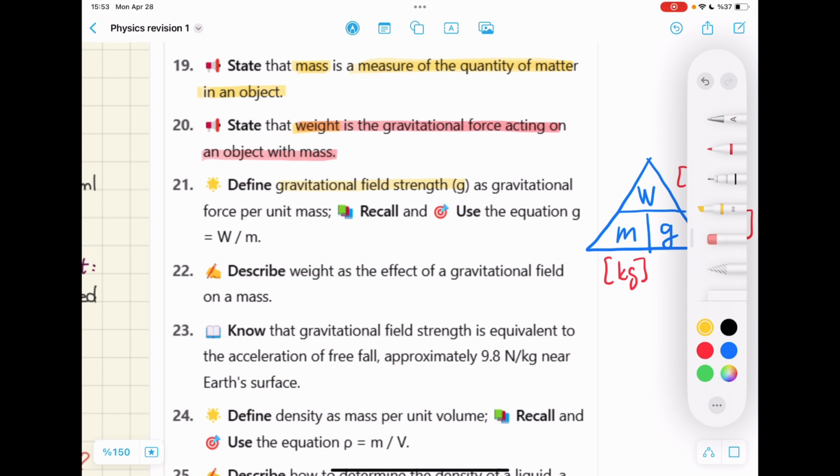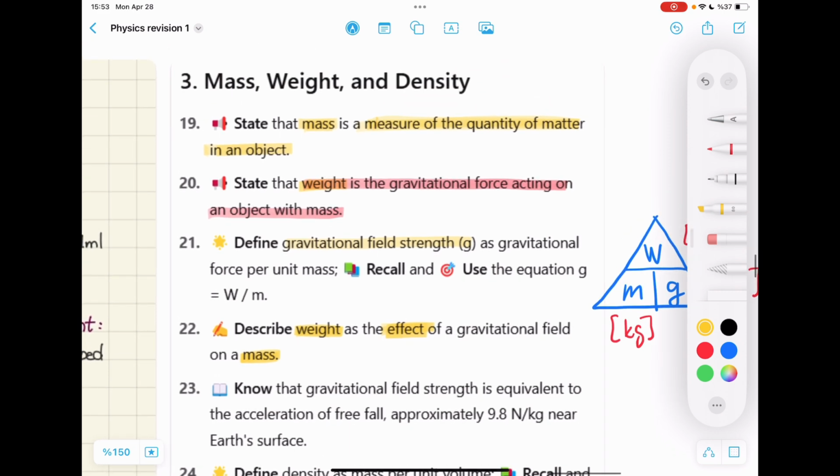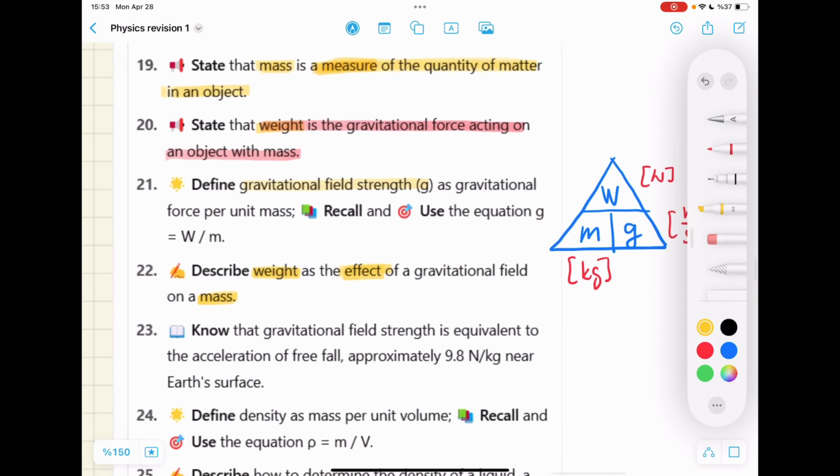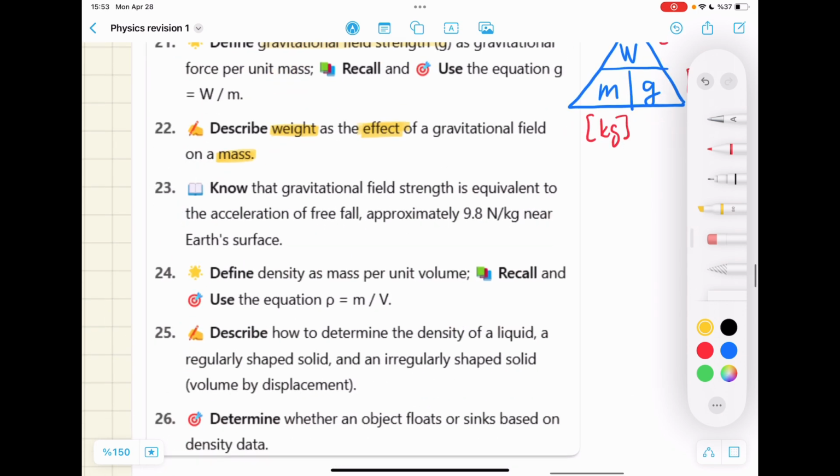We need to describe weight as the effect of a gravitational field on a mass. This is the difference between weight and mass. Mass is the same everywhere. It is basically a characteristic of an object, whereas weight is the effect of a gravitational field on a mass.